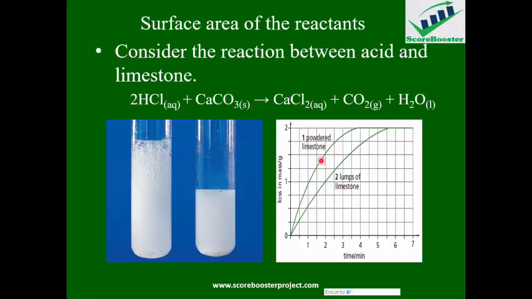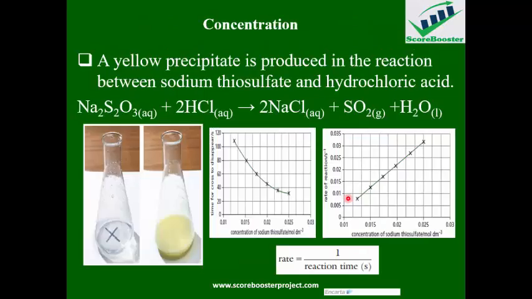You can see this slope is steep, so we get a higher value for the slope than in this case. So powdered limestone has a higher rate of reaction. When the surface area is higher, the rate of reaction is higher than when you have lumps of limestone. In this case, we say that surface area is proved to have influence on the rate of chemical reaction.